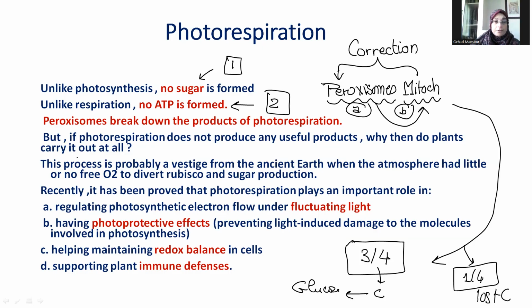Some scientists find that there are some benefits to photorespiration, like, for example, that some of the intermediates in photorespiration can help immune defenses in the cell. The products that resulted from oxidation instead of carboxylation can produce atomic oxygen and can kill any intruders or any pathogens.